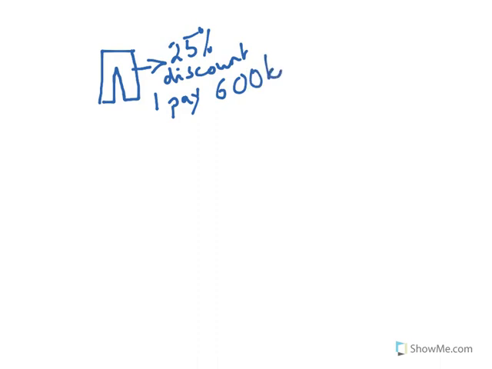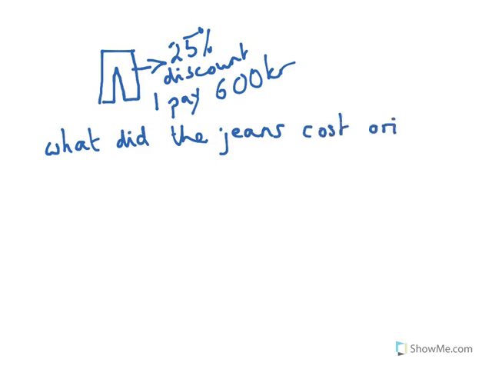Let's say that the jeans have a 25% discount, and after this 25% discount, I pay 600 kronas. What did the jeans cost originally?